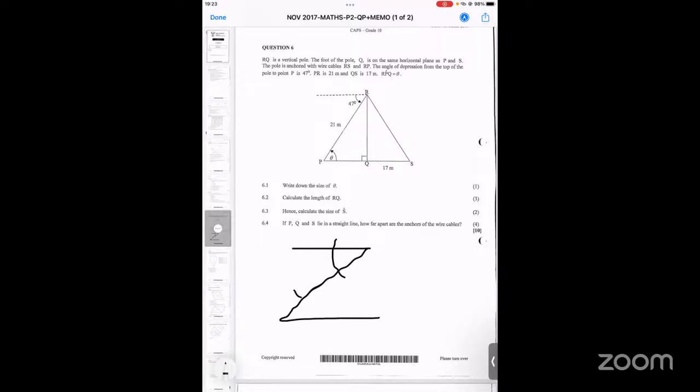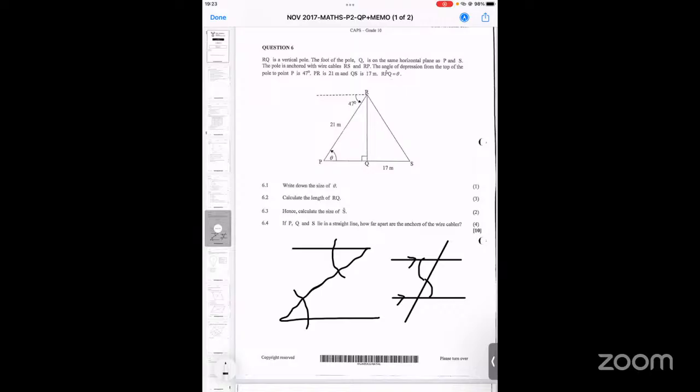Is it not the same as that angle? It is, sir. It's like you having this and this line being parallel.